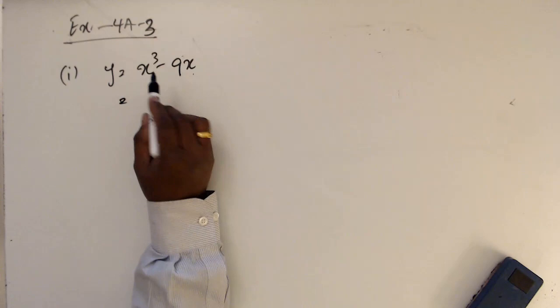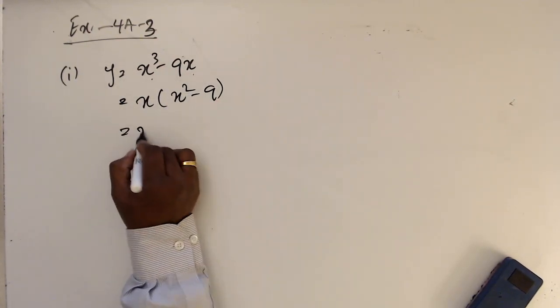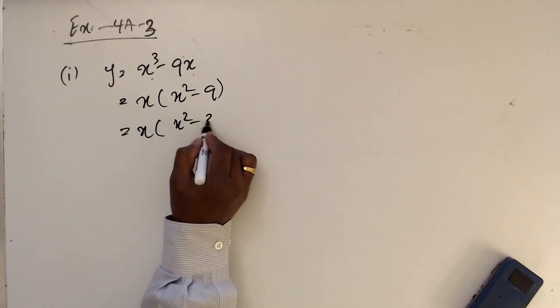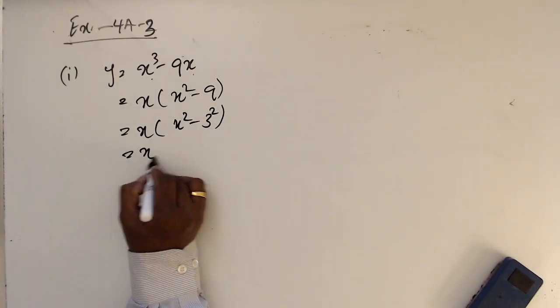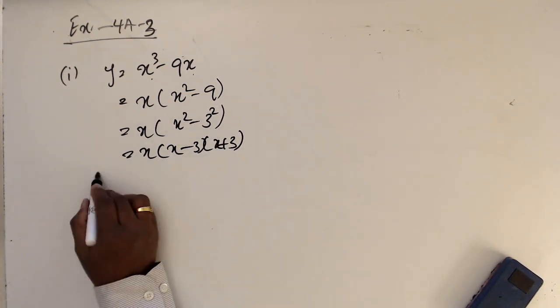You can see x is common. I take x out, leaving x² − 9, and then you can write this as a difference of two squares, so we factorise it as (x − 3)(x + 3).